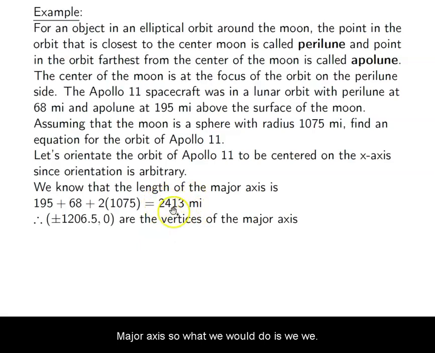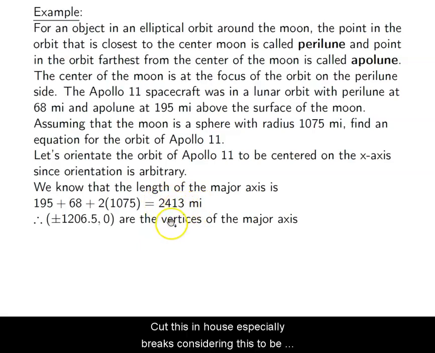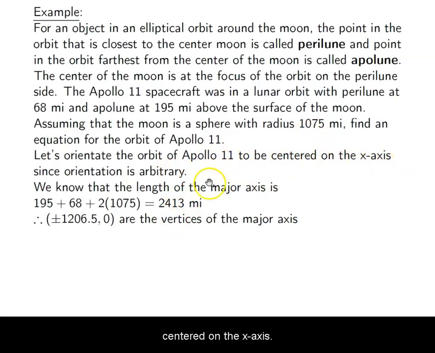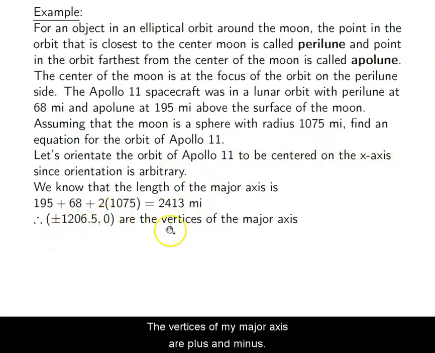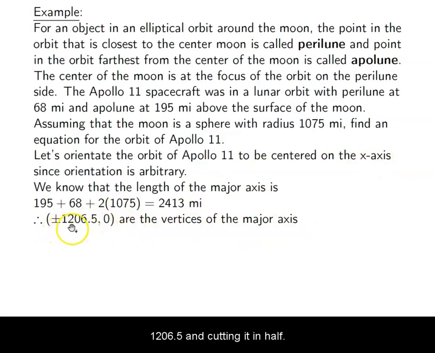That's the length of the major axis. So what we would do is cut this in half, especially since we're considering this to be centered on the x-axis. Then the vertices of my major axis are plus and minus 1206.5, because I'm half on one side, half on the other.